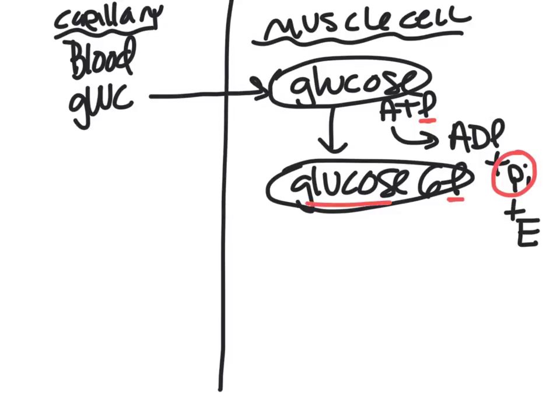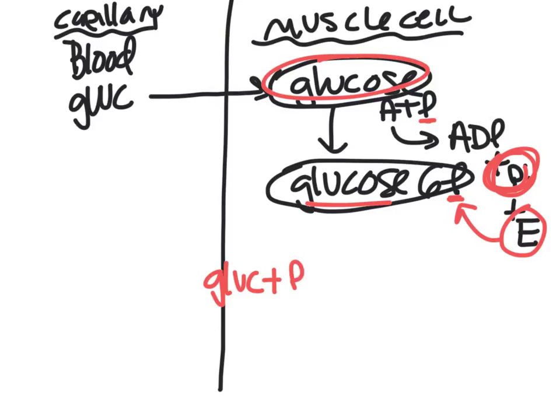So basically you're binding this phosphate to this glucose, and we end up with something called glucose 6-phosphate. The energy is being used to create that bond. Because if we take glucose and add a phosphate, we had to create a bond, and in order to create a bond, we need energy. We need energy for anabolic reactions. So the energy from ATP was used to bind that phosphate onto the glucose.